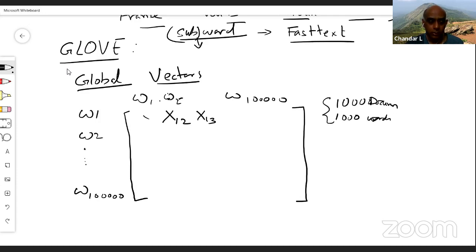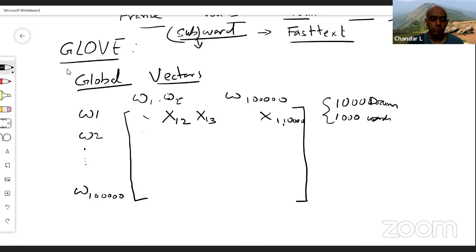And not just bread and butter, but bread with each one of these 100,000 words. You look at how many times they co-occur in each of these documents, and you sum up all the co-occurrences. It is going to be a huge number. So there are these co-occurrences for word 1 with each one of these, all the way up to X1,100,000.